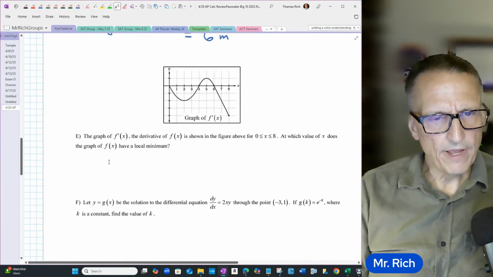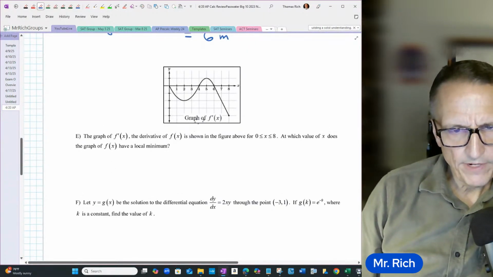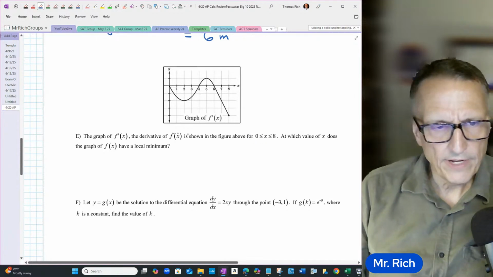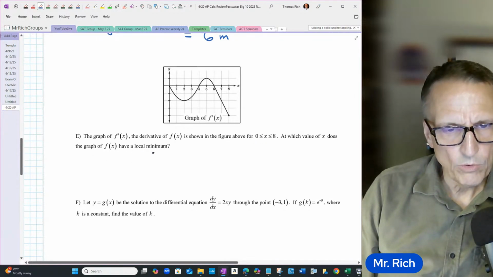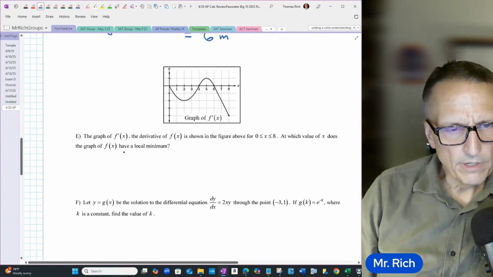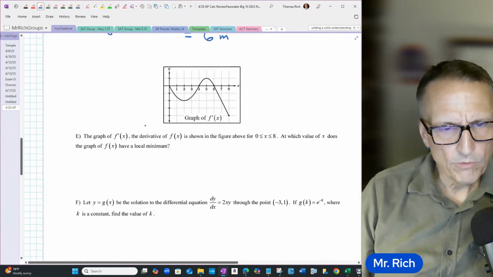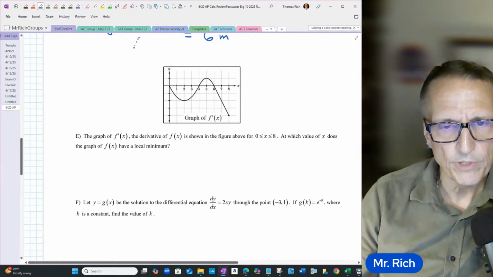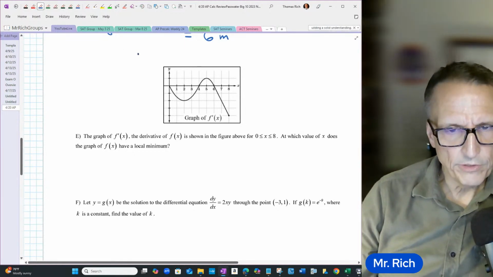All right, the graph of f prime of x, the derivative of f of x, is shown in the figure above for the interval 0 to 8. At which value of x does the graph of f of x have a local minimum? Well, local minimums, or what we call relative extrema, relative mins, relative maxes, are going to occur at the critical values for f of x.